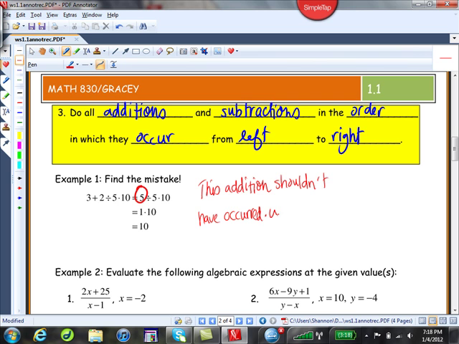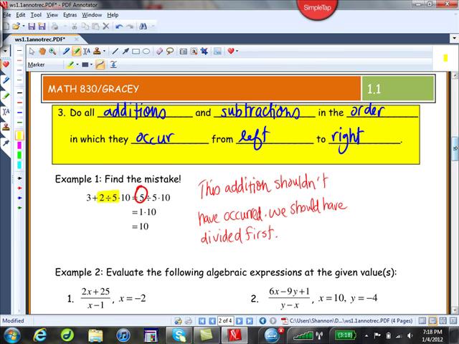We should have divided first. Because really, division and multiplication are on the same hierarchy, because division is defined by multiplying by the reciprocal. So what should have happened first was this here, the 2 divided by 5.